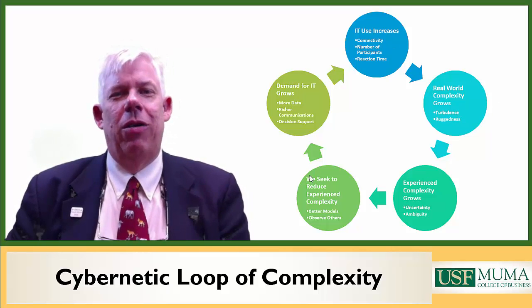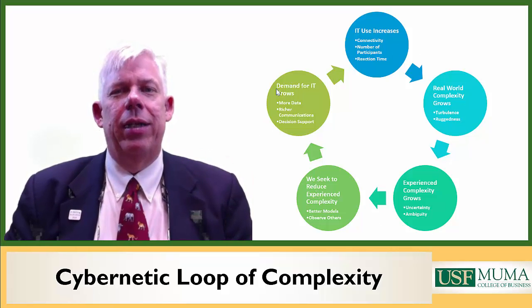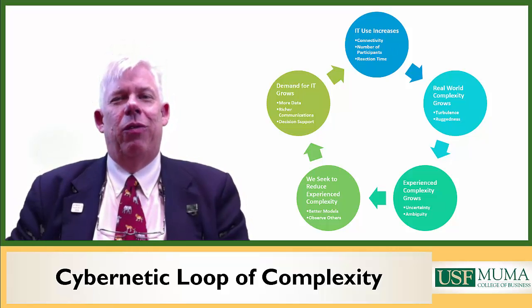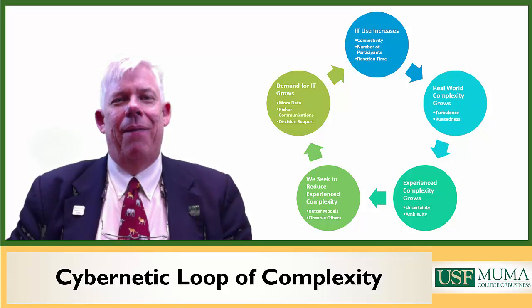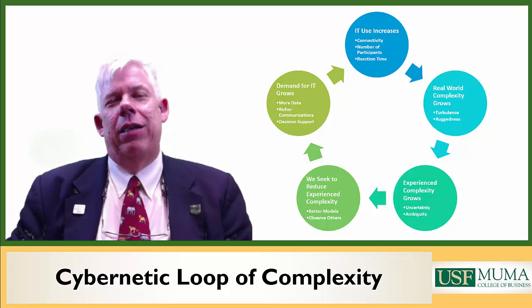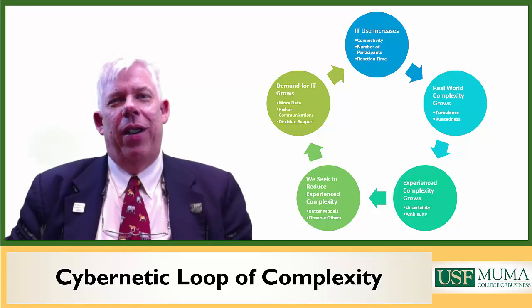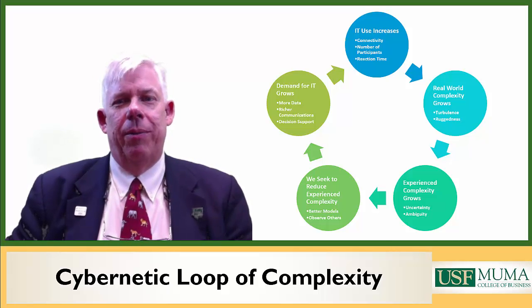Experience complexity grows. We reduce it with information technology, and we just keep cycling around and around and around. I have sometimes referred to this using a term my father developed as the fundamental predicament of progress, which is that as complexity grows, we find ourselves increasingly looking at the short term because we can't manage the long term.